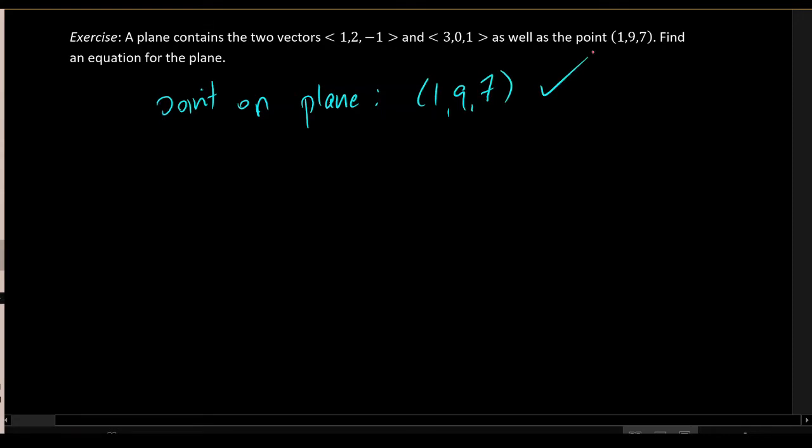But as of this moment, we have not been given a normal vector. We have been given instead two vectors which are contained inside the plane. Which means that we still need to do some work to find the normal vector.